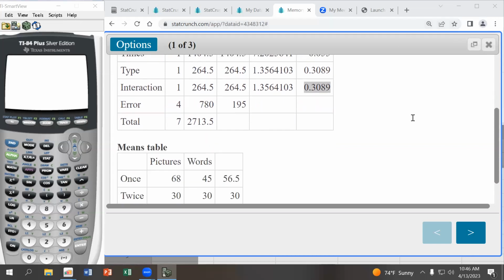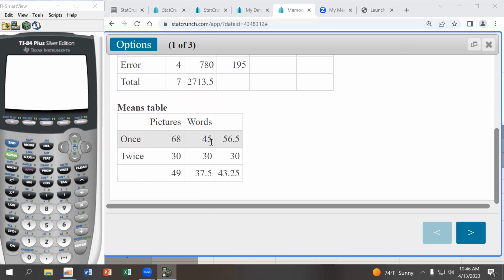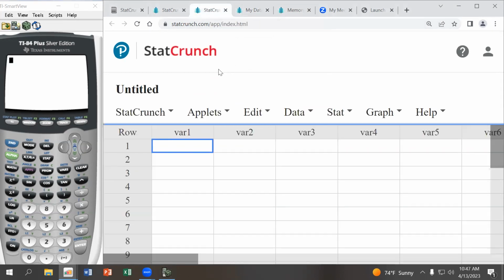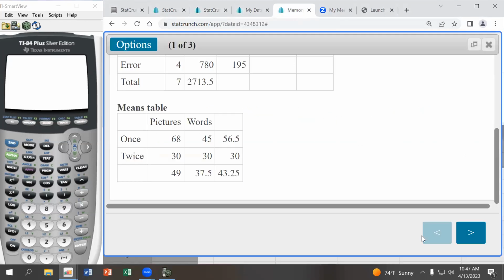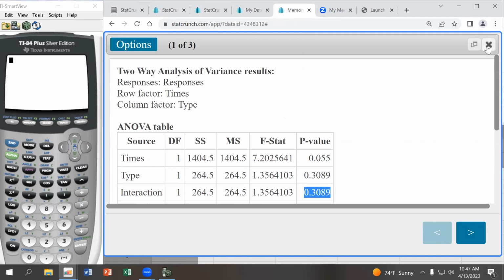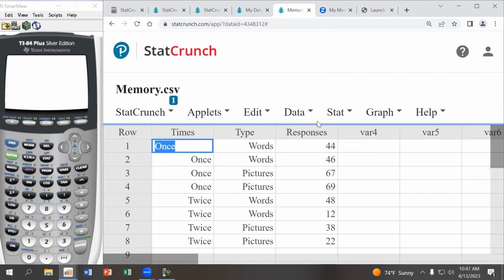So things that are needed would be the means, those two column means, row means, the ground mean, and the original data, which is not showing up here, but if we go back to our data. So that is our data.